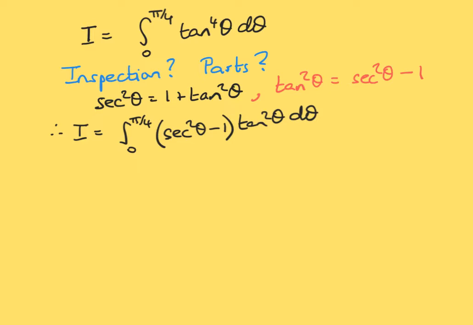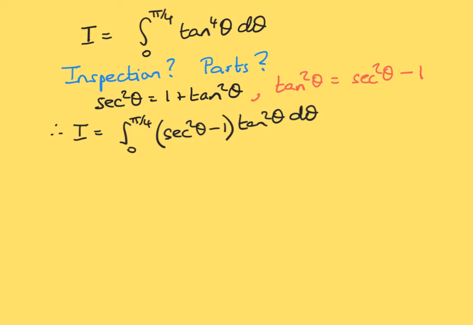So now, if we look at this, we see that effectively we've got two integrals. We've got the integral of sec squared theta times tan squared theta, and we've got minus the integral of tan squared theta times 1, so the integral of tan squared theta.